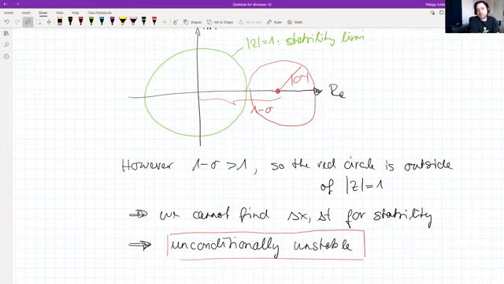The limitations, as I said, are this only works for linear problems because you do the superposition principle, so you just consider one Fourier mode. The boundary conditions are not considered because I assume to have periodic domains so that I can do the Fourier transform. And you need to have constant coefficients.